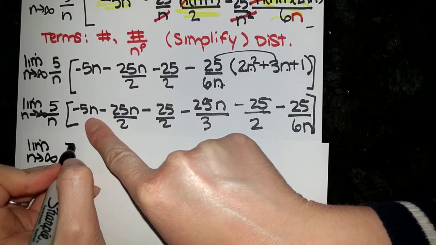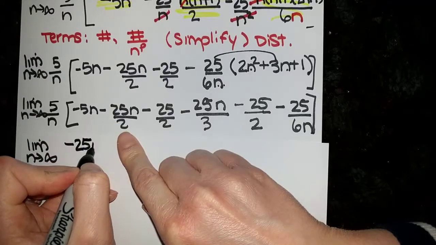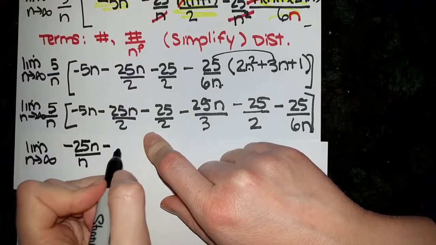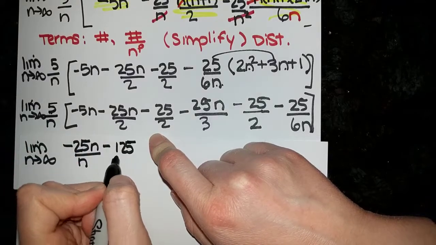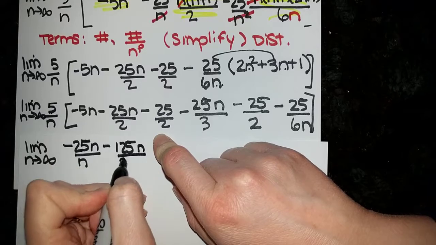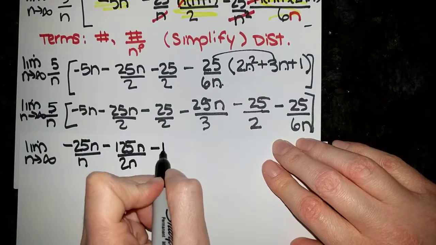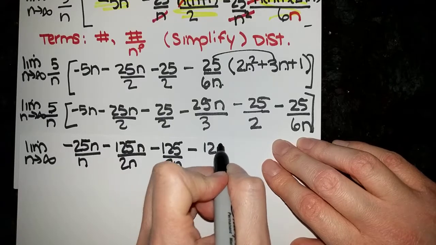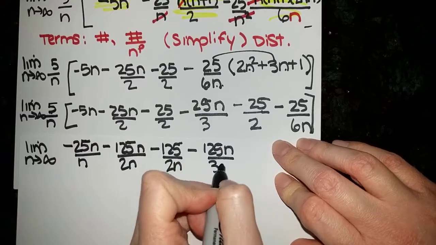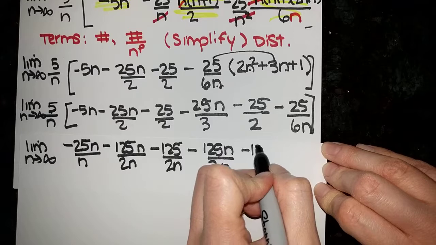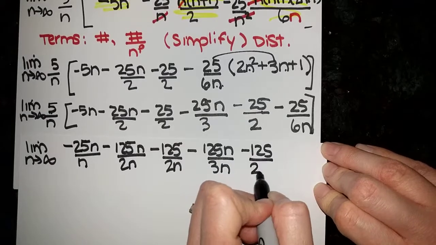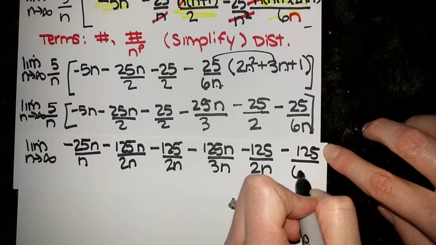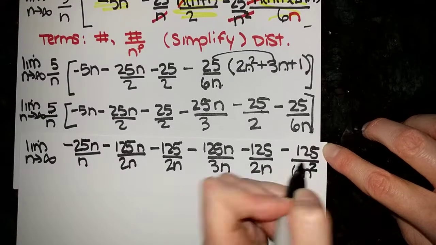The 5 times negative 5 gives us 25n over n. And then minus 5 times 25 gives us 125n over 2n. Minus 125 over 2n, minus 125n over 3n, minus 125 over 2n, minus 125 over 6n squared.